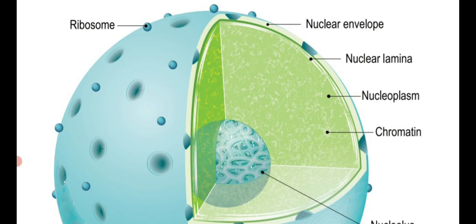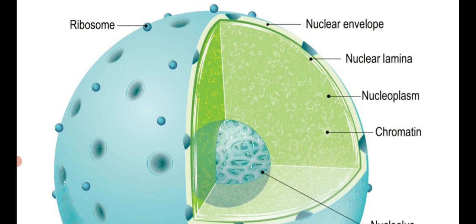So dear students, see the diagram. This is the structure of the nucleus. The outermost layer which surrounds the nucleus is known as nuclear envelope, divided into two membranes, outer membrane and inner membrane. These two membranes enclose the substance or matrix which is present inner to the membrane, known as nucleoplasm.